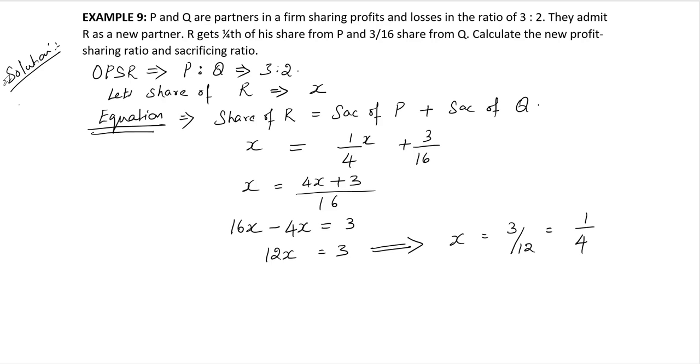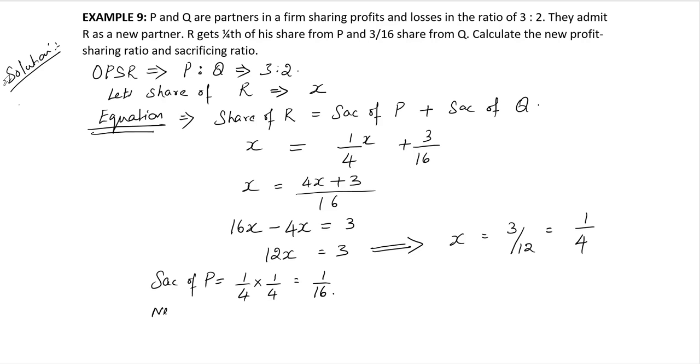So the share of R is 1/4. The sacrifice of P is 1/4 of R's share, which is 1/4. So sacrifice of P is 1/16.